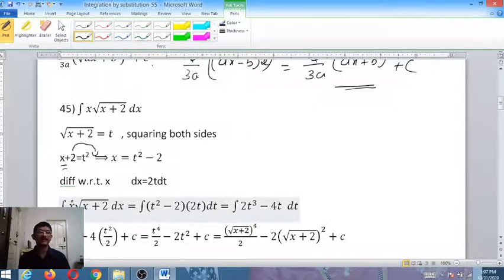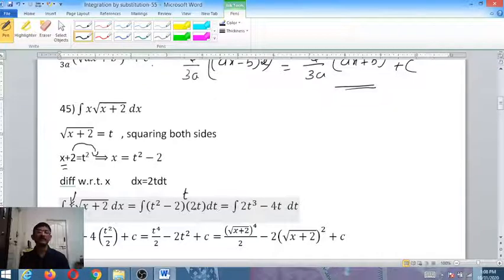So the entire thing is, look at this: for x it is t square minus 2. Next, for root of x plus 2 it is t, into 2t dt.